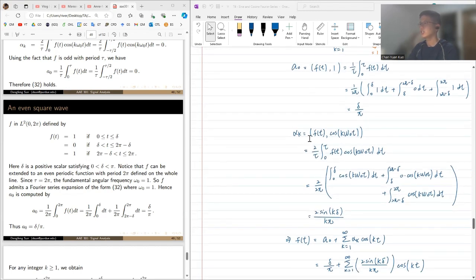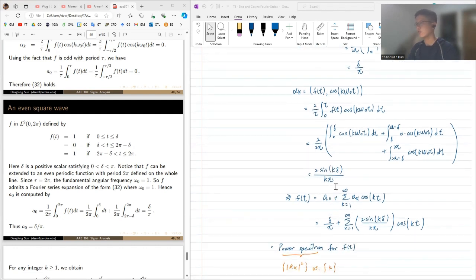Now let's look at alpha k. And alpha k is equal to the inner product of f of t and cosine of k omega naught t. And again, according to the definition of the inner product, this will equal 2 over tau times the integration of f of t times cosine of k omega naught t from 0 to tau with respect to t. And if you work out this integration, you'll see that in the end, it equals 2 times sine of k delta over k pi.